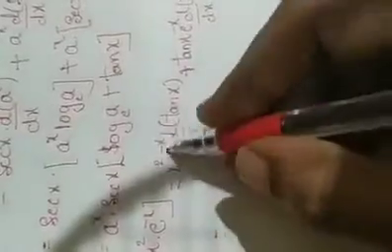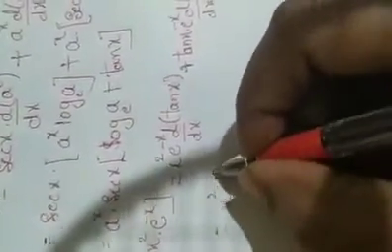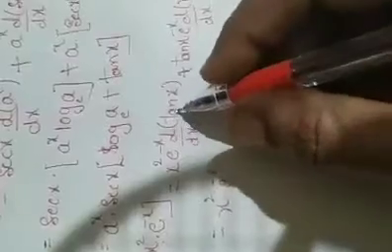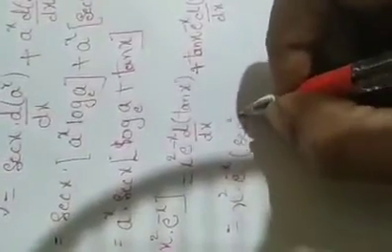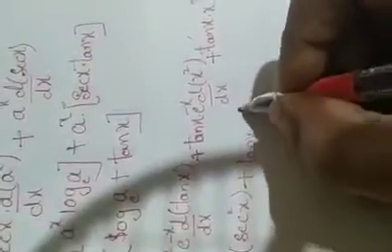What is the derivative of x square? Keep the x square as it is, minus x as it is. Derivative of tan x: you go through the formula and check out the tan x derivative. The derivative of tan x is secant square x, plus tan x into e raised to minus x.